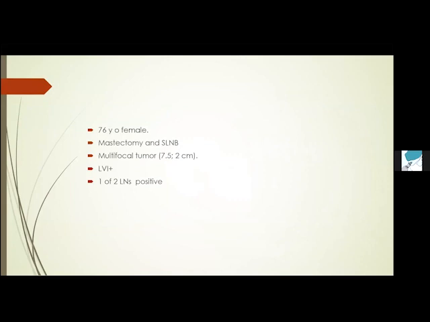The patient was 76 and she underwent mastectomy and sentinel lymph node biopsy for a multifocal tumor that had one large tumor, 7.5 centimeter, another one 2 cm, and a few millimeters of invasion. And the patient had lymphovascular invasion, and one of the lymph nodes was positive for metastatic carcinoma.